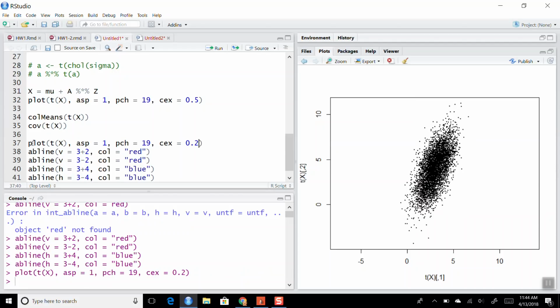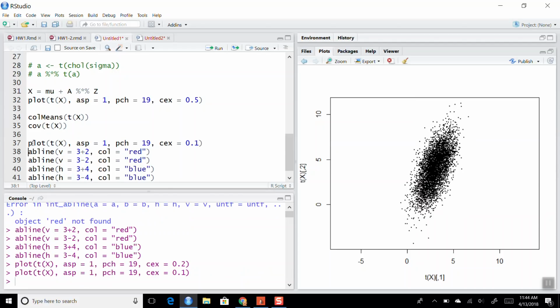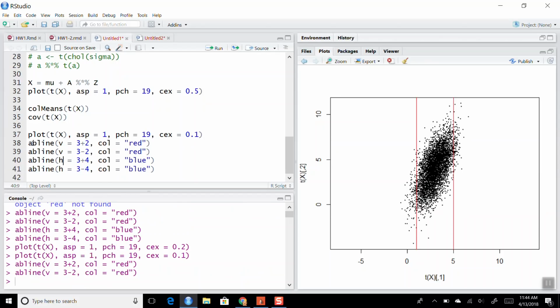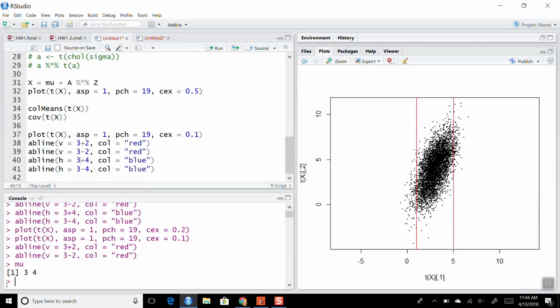Okay, so we have, and then what did I say our mu vector is? Is it 4? It's 4. Okay. 4 plus 4 and 4 minus 4. Okay.